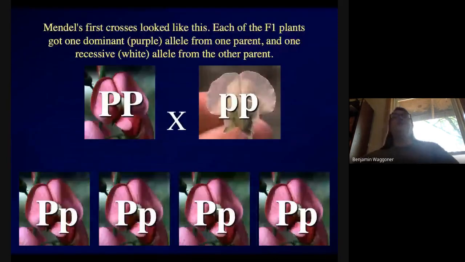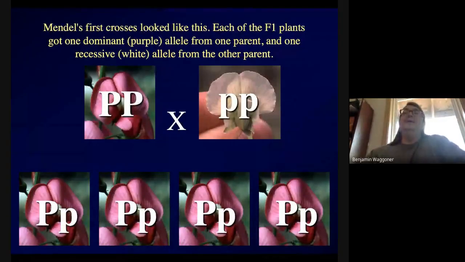So Mendel's first cross looked like this. He's crossing a true breeding purple flowered pea with a true breeding white flowered pea. The P generation parents, one had two copies of the dominant allele, which we can write as capital P, and the other parent had two copies of the recessive white flower allele, which we can write as little p.